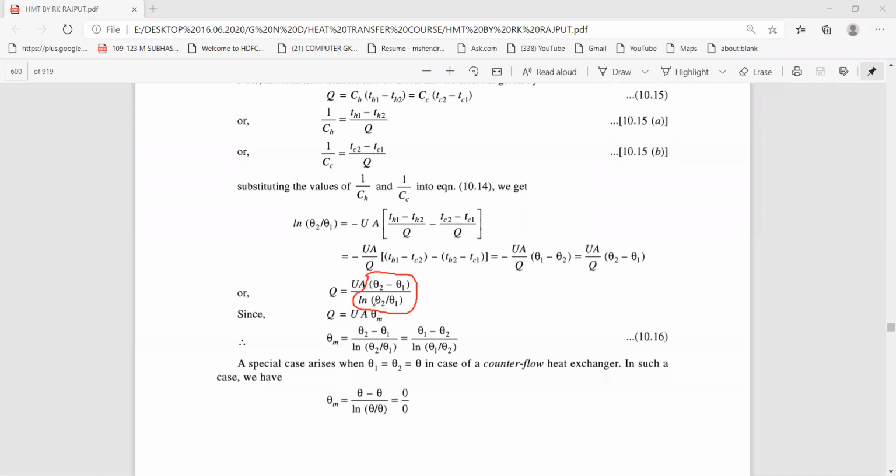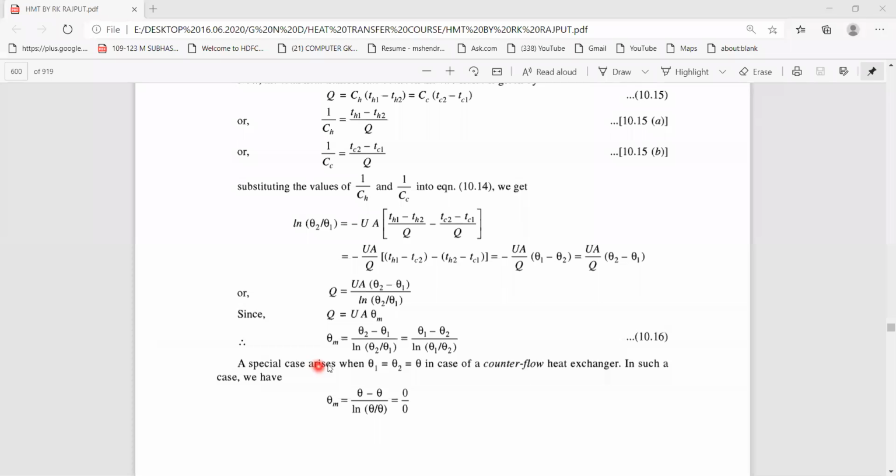Or else this equation can also be written as (theta 1 minus theta 2) divided by ln of theta 1 by theta 2. Both are the same. You can take theta 1 minus theta 2 in the numerator and ln of theta 1 by theta 2 in the denominator, or theta 2 minus theta 1 in the numerator and ln of theta 2 by theta 1 in the denominator. I hope this is clear.